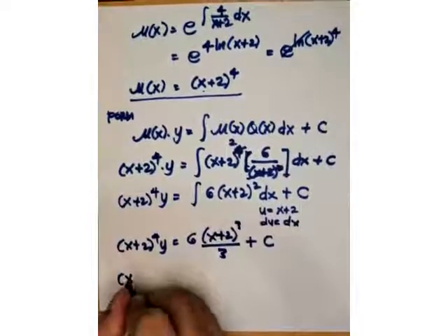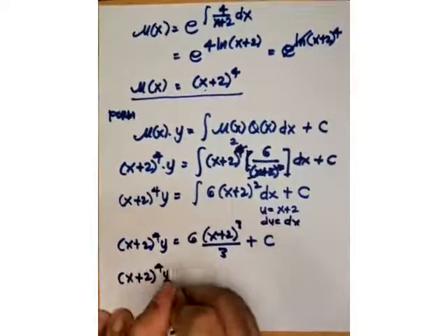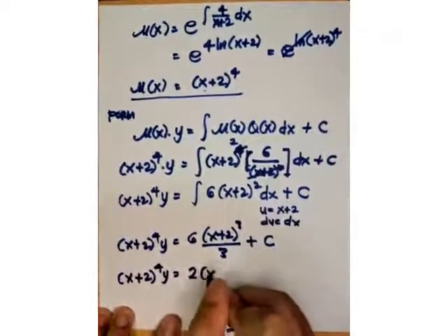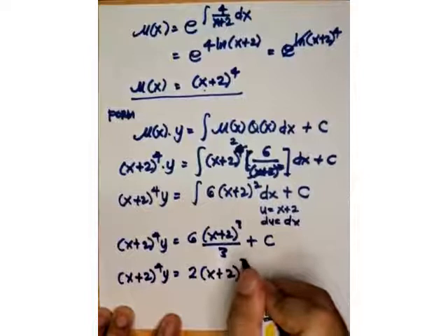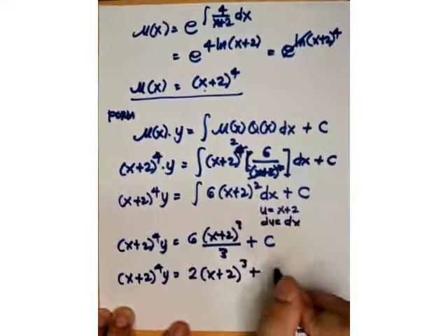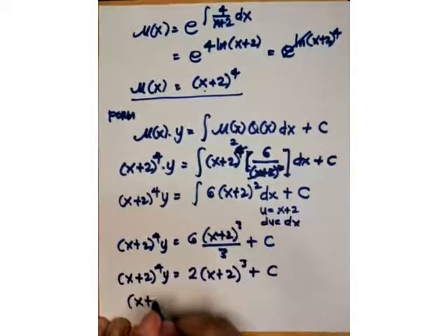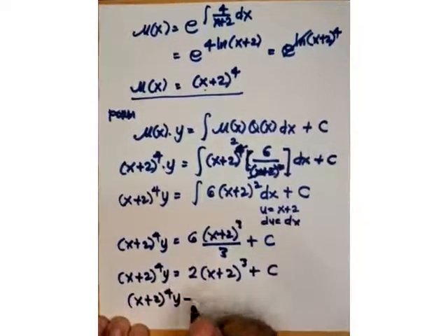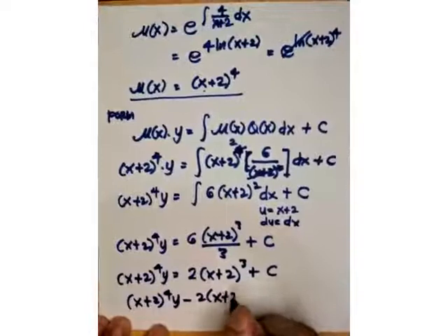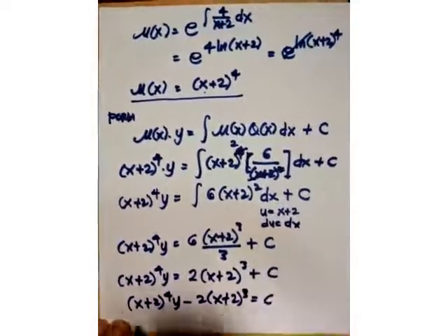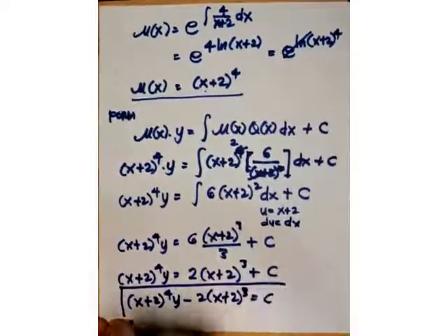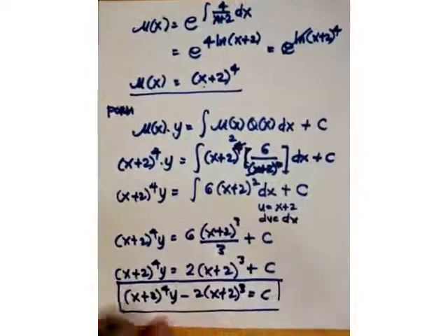Or this is x plus 2 to the fourth y is equal to 2 times x plus 2 cubed plus c. Let's just transpose. So, x plus 2 to the fourth y minus 2 times x plus 2 cubed is equal to c. So this is our general solution.